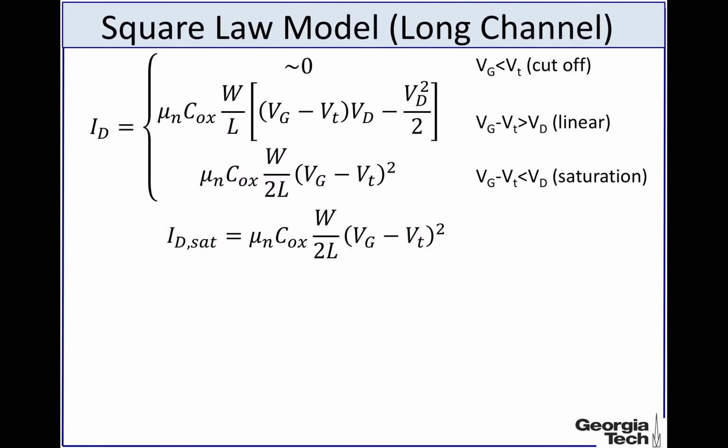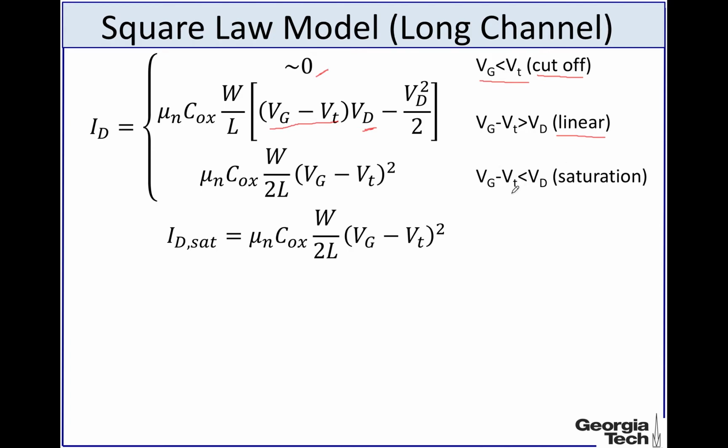All right. So this is what we derived in the last lecture. ID, when VG is smaller than the threshold voltage, we call this region cutoff, and then the current is 0. And when VG minus VT is larger than the drain voltage VD, then we say it is the linear region, and in this region the current is linearly dependent on VG minus VT, and it also depends on the drain voltage VD.